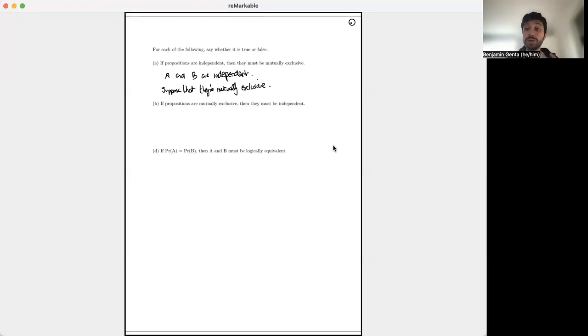They can never both be true at the same time. So if I tell you that A is the case, then this gives you a lot of information about B. It tells you that B is not the case. But remember that A and B are independent if A and B give no information about each other. So this is false.